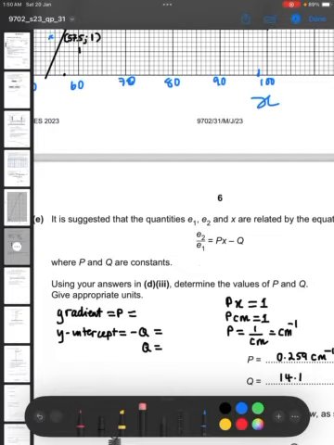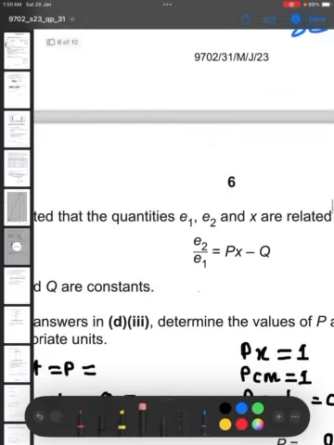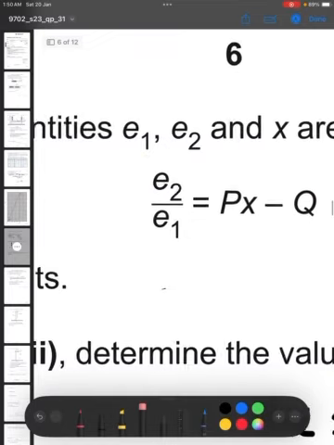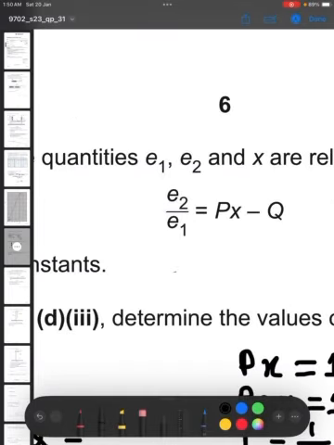But if you understand this, you can agree with me that E2 over E1 was plotted on the y-axis, and this x was plotted on the x-axis.